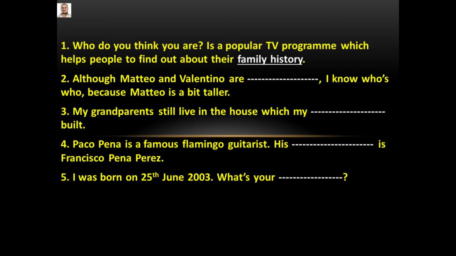My grandparents still live in the house which my grandparents built. 4. Paco Peña is a famous flamenco guitarist. His full name is Francisco Peña Perez. It's Peña, not Pena, because this is a Spanish word, a Spanish name.